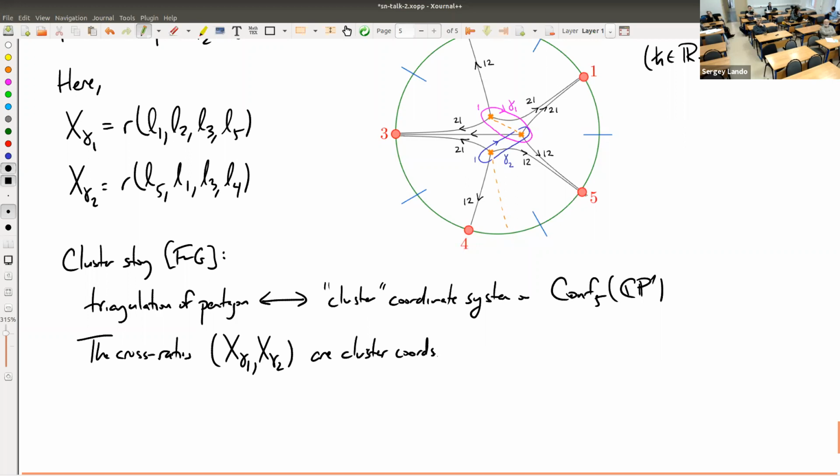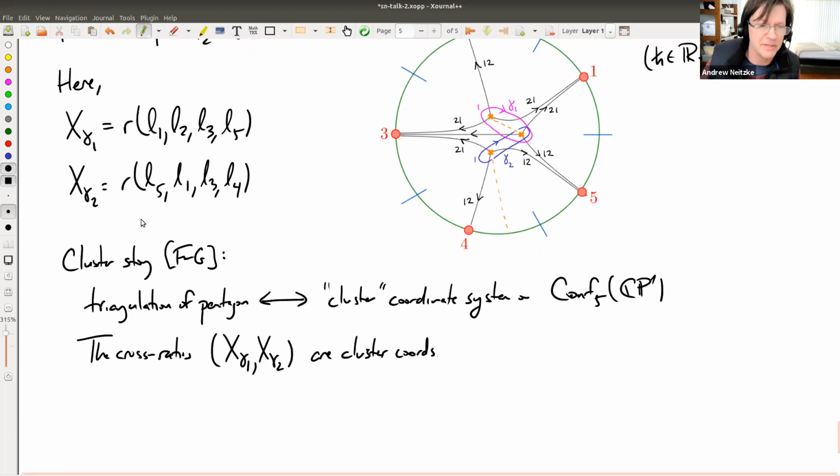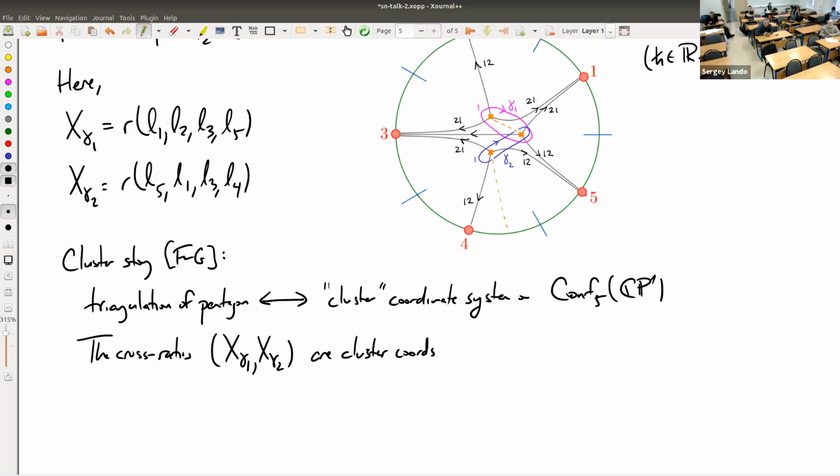Is it five points on CP1 or RP1? In the Fock-Goncharov case, they consider both. They do make a big deal out of the fact that their construction exists over R. So they definitely consider the case of RP1, and in fact, they even have some positivity, some positive part of Conf5 of RP1.